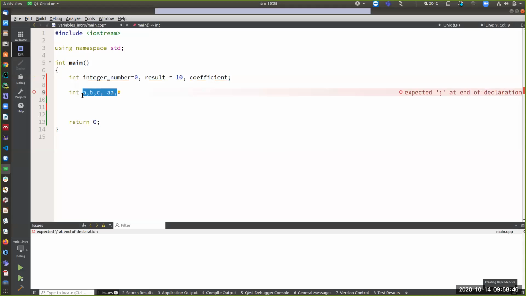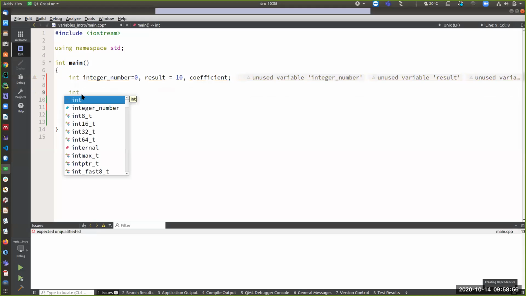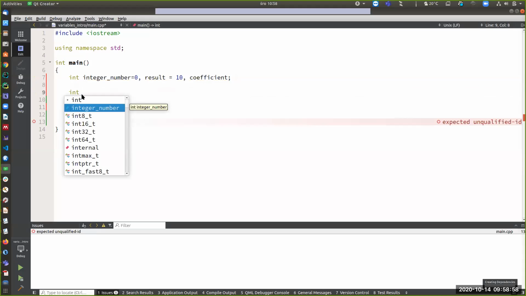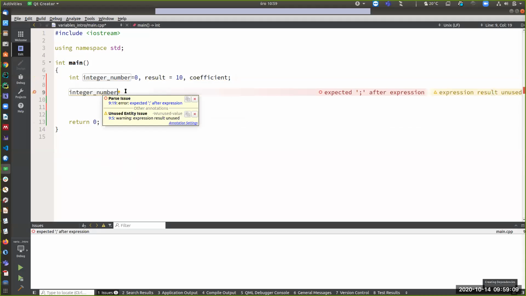So try to use descriptive names and don't worry about long names, because if I write int, I have a context menu, which helps me to find the proper values.